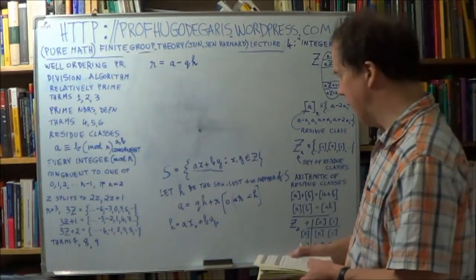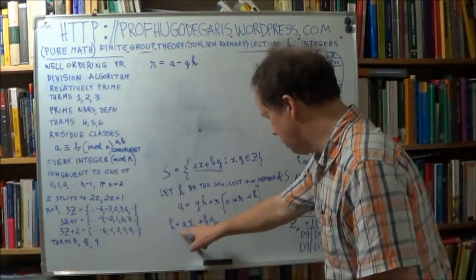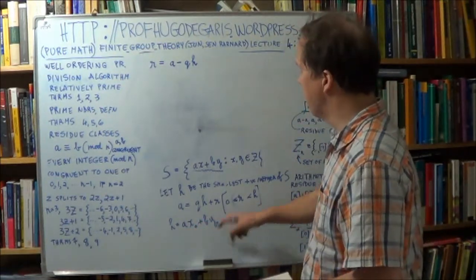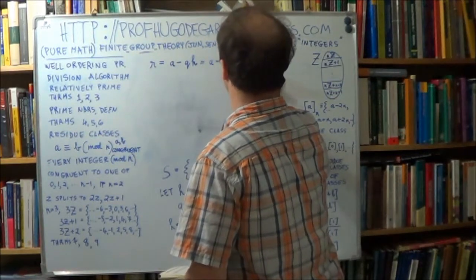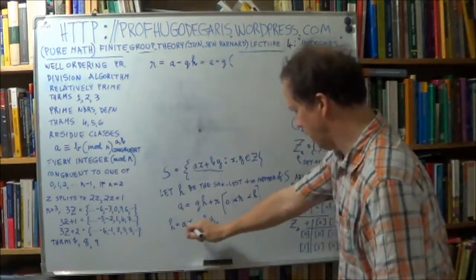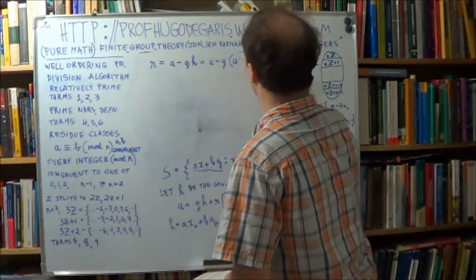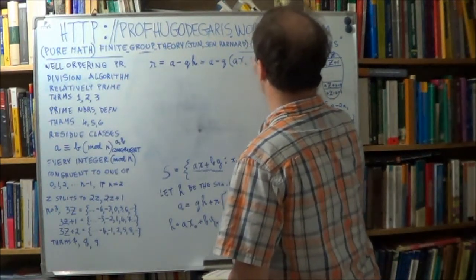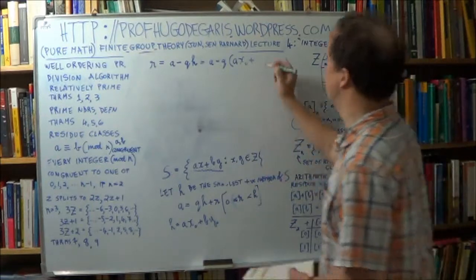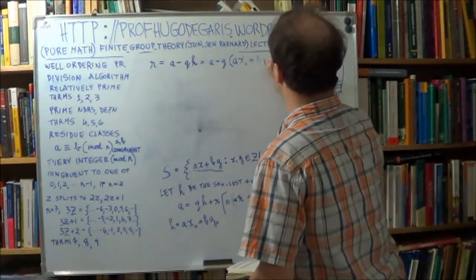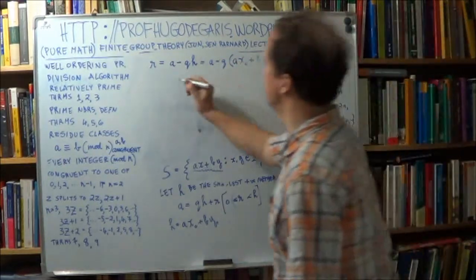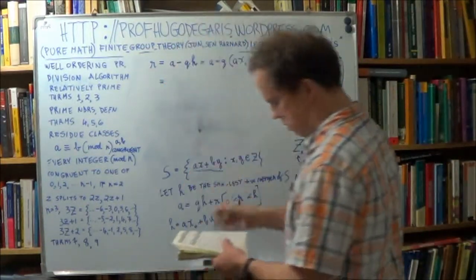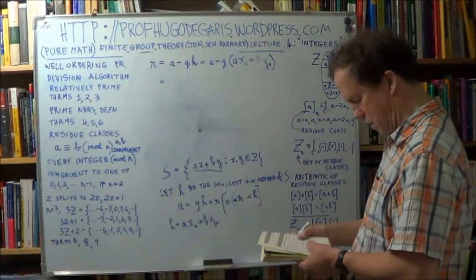Now H you've got here, so that's A minus Q, and now plug this in: A x naught plus B y naught. Now rearrange those terms and you'll get something like this.